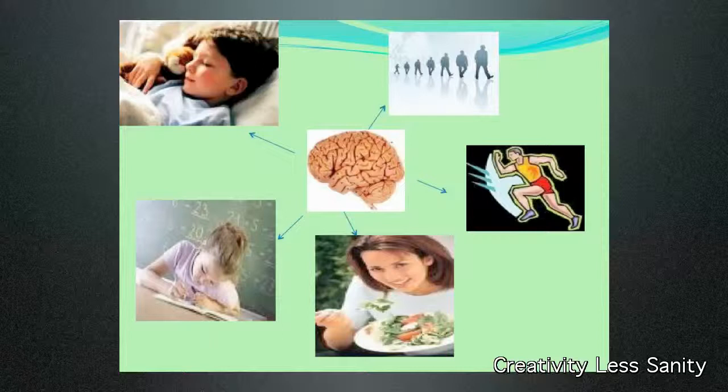Our brain works when we are working, when we are doing sport, when we eat, when we study, and our brain also works when we are sleeping. Simple enough. No words, but the pictures are very clear, quite big, so it makes our brain easier to process the image and the message.